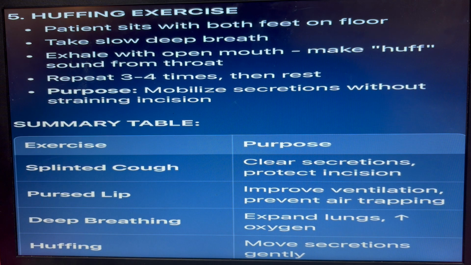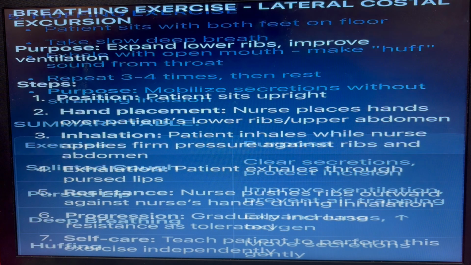Next, huffing is a gentle way to clear secretions instead of a forceful cough that can hurt the incision, and the patient makes a huff sound to move mucus up. To summarize, all these exercises have one goal: keep the lungs clear and prevent complications after surgery. As nurses, we must teach, demonstrate, and supervise these exercises every 1 to 2 hours post-op.